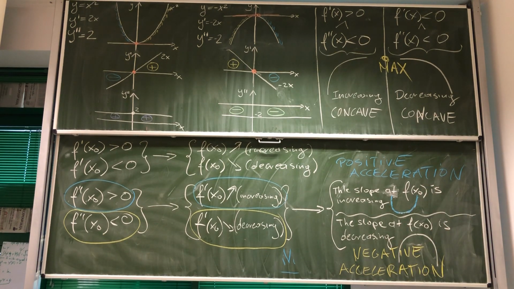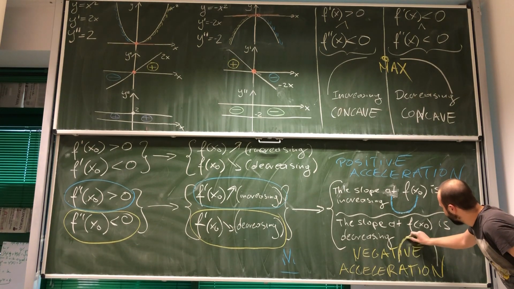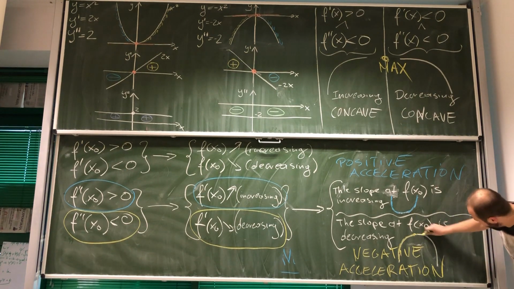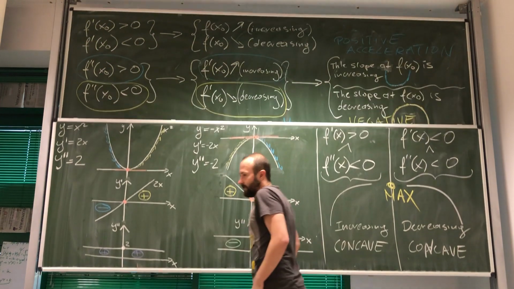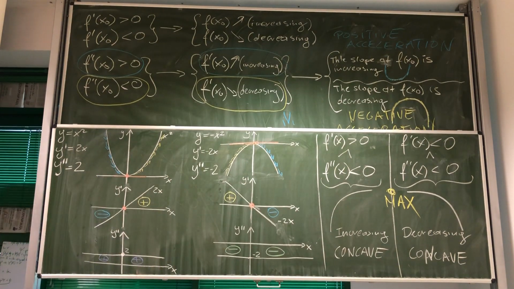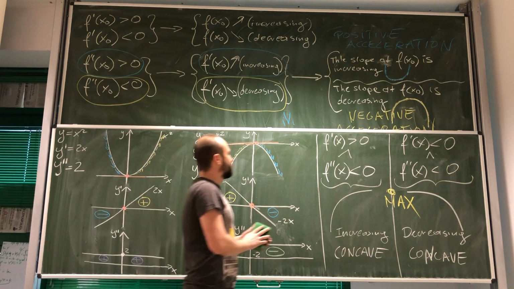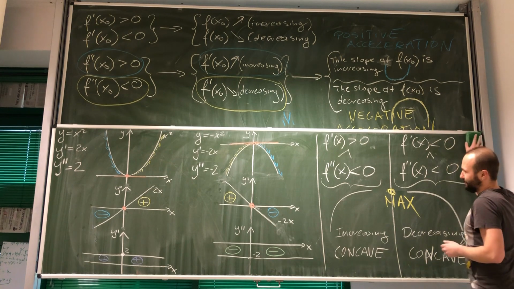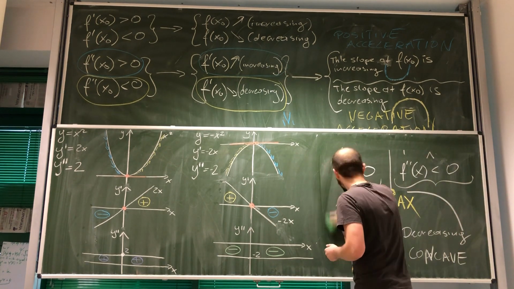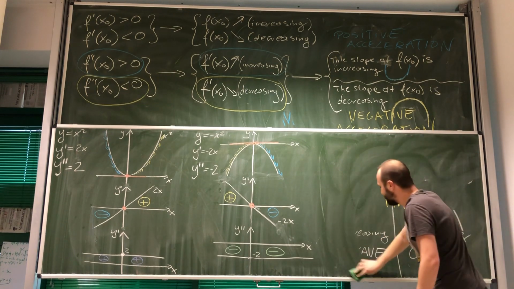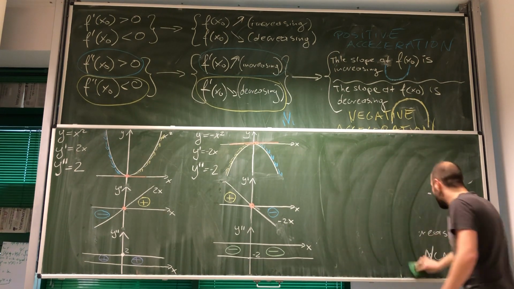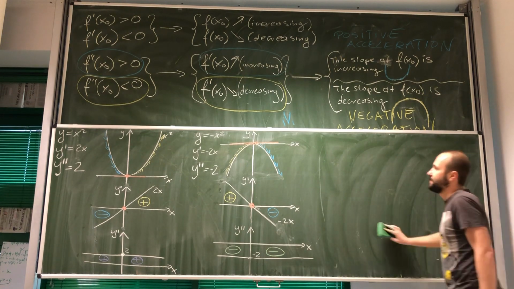Okay, so our function will be either increasing slower and slower or decreasing faster and faster. Very well. So, look, we are very, very close to finally putting down a formal test that will allow us to find maximum and minimum of a function.